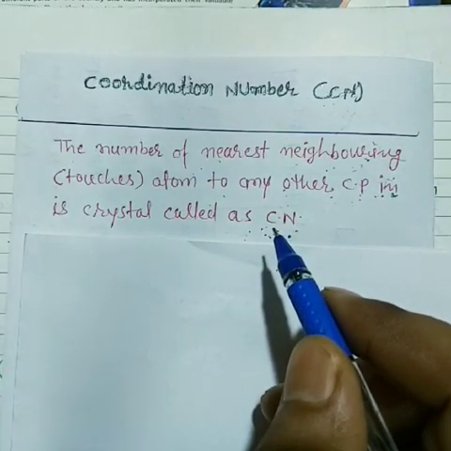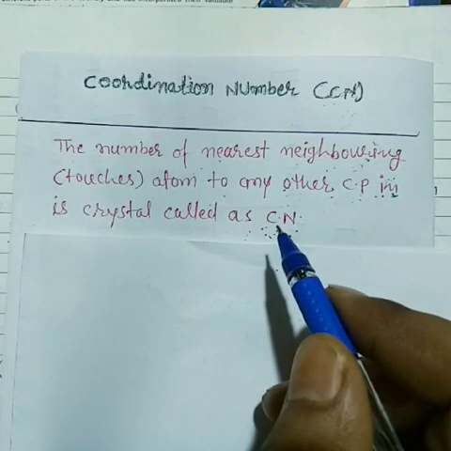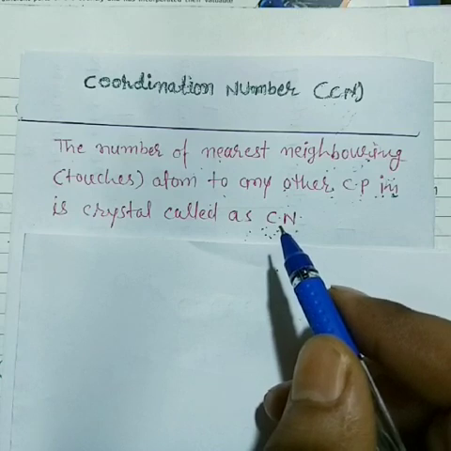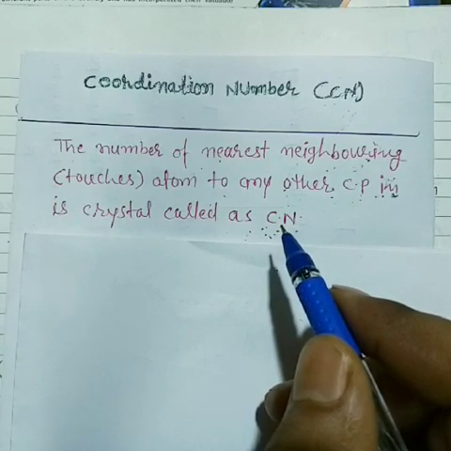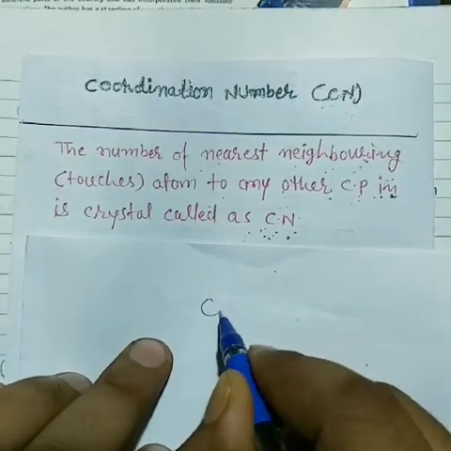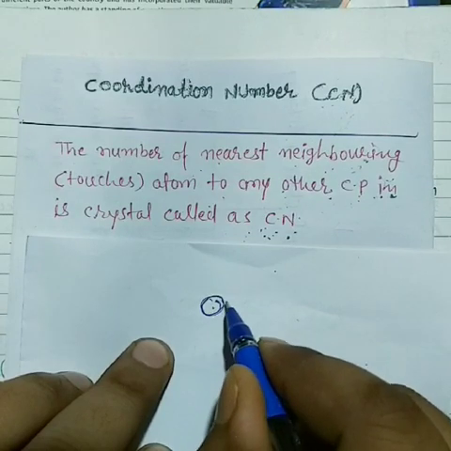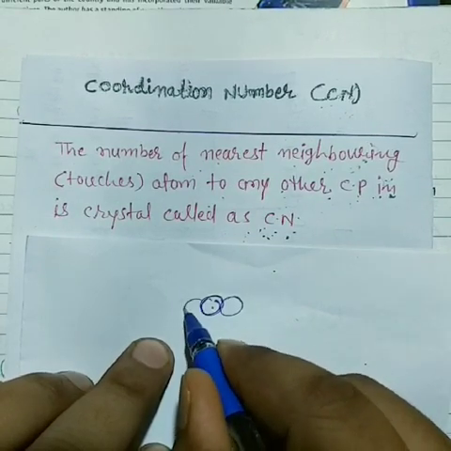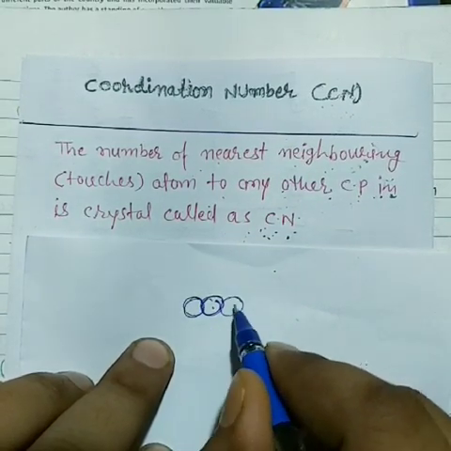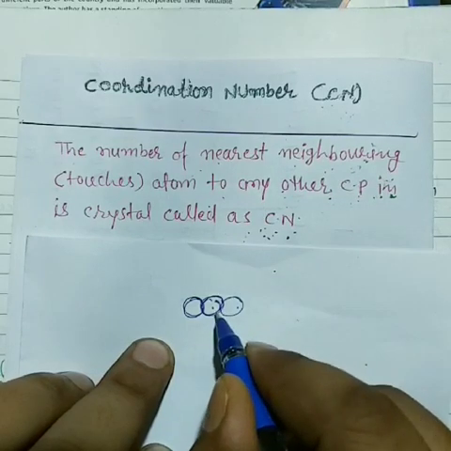First of all, how to understand the sense of coordination number? It is the touching number. If I draw a constituent particle like an atom, the number of other nearest or touching atoms it touches is called the coordination number.